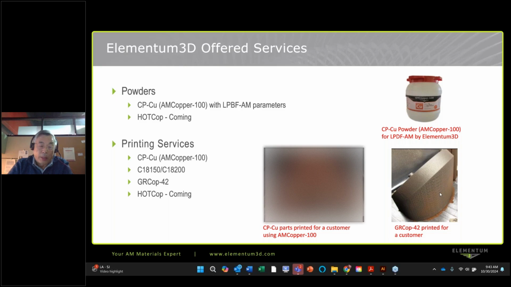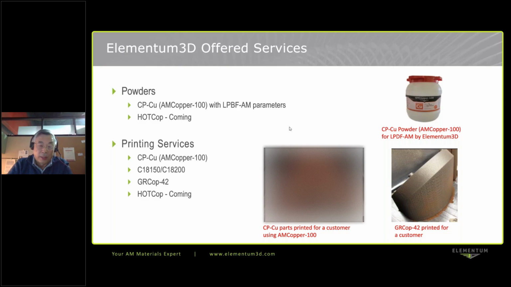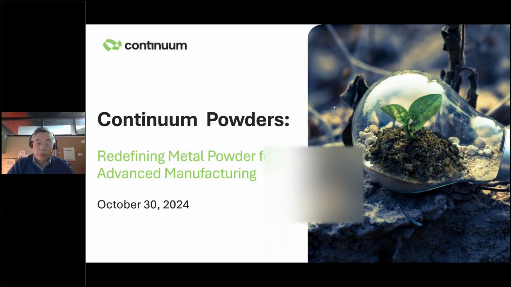Hot copper powder is coming hopefully soon. We also provide printing services on commercial pure copper using our AM Copper 100, and also printing other parts using currently GRCop-42. And of course, in the near future, once we develop that hot copper powder, we'll use it to print parts as well. I think that's the last slide from me. Thank you.